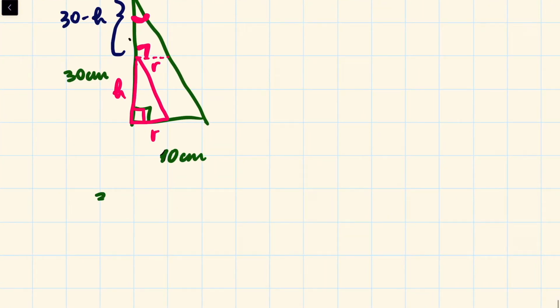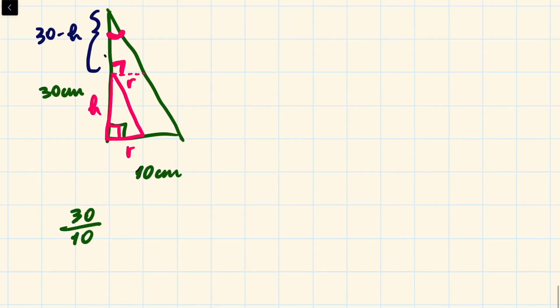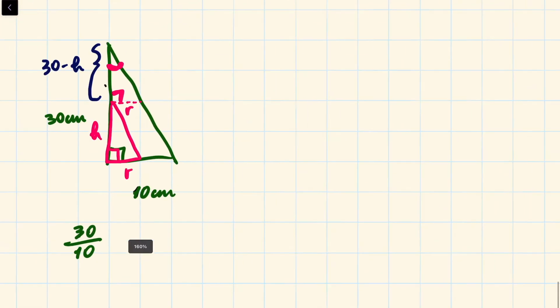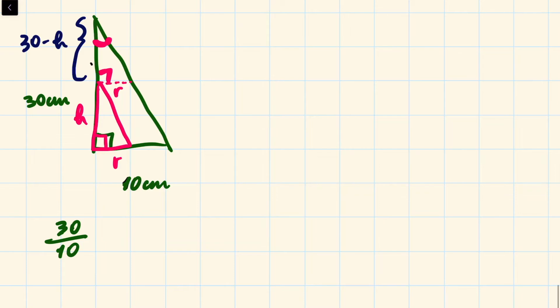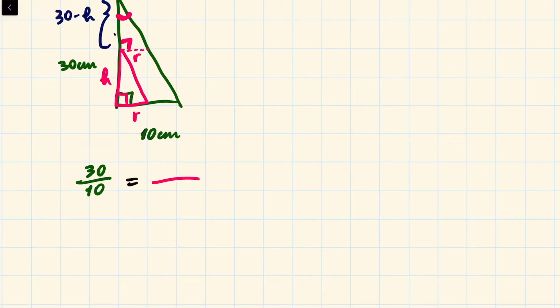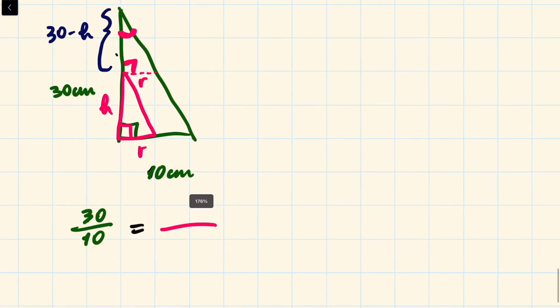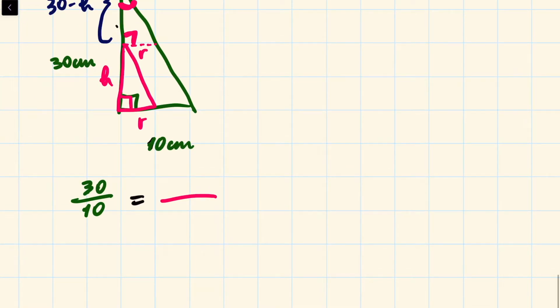Right, so we can say now that since they're similar triangles, 30 over 10, which is just the ratio between the height and the radius of the cone there, is actually equal to, going by the same logic here, we have 30 corresponding to our 30 minus h here, because they're similar triangles. We can equate these ratios.